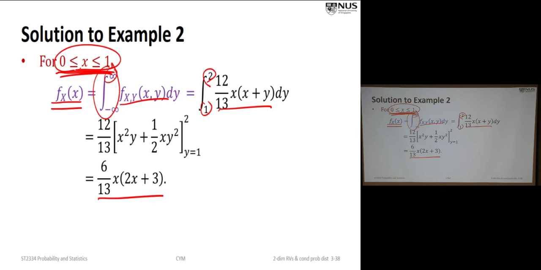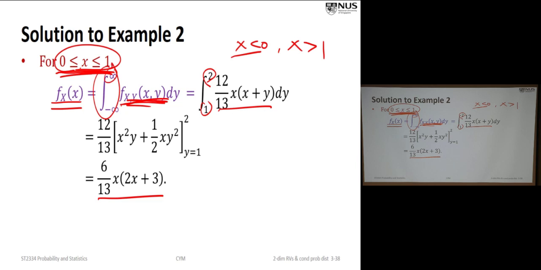Then, what is the PDF when x is less than 0 and when x is bigger than 1? Then it is 0. Why? Because for x less than 0, the joint PDF is 0. I don't care what y is because it lies outside 0, 1, so it's 0.